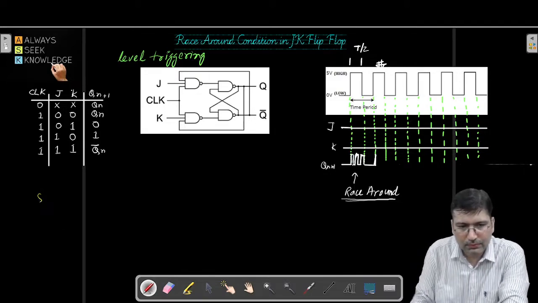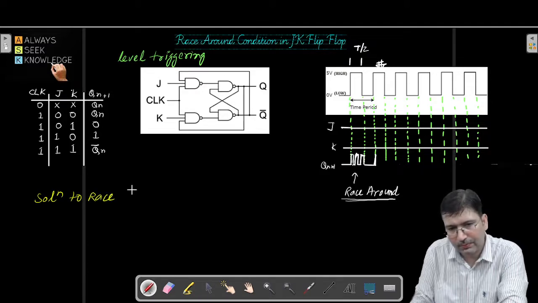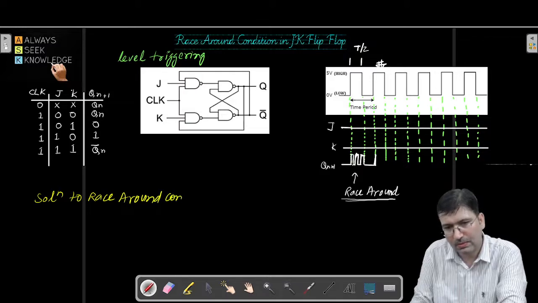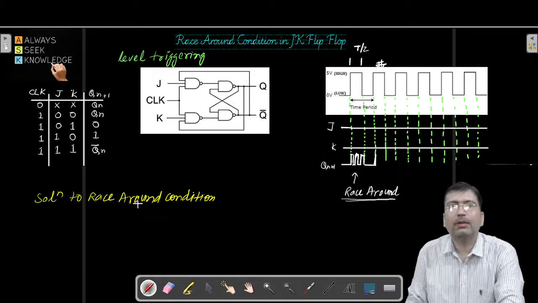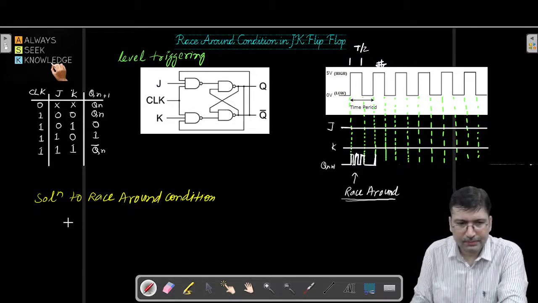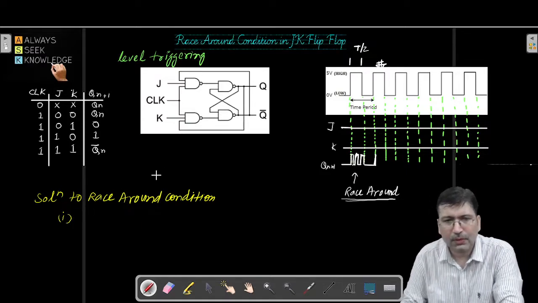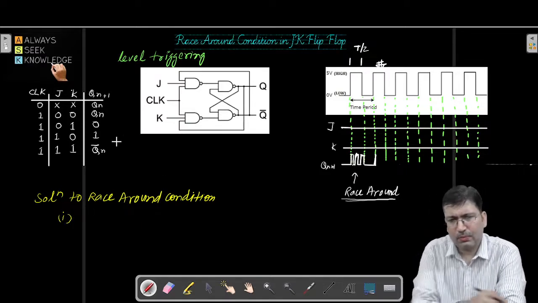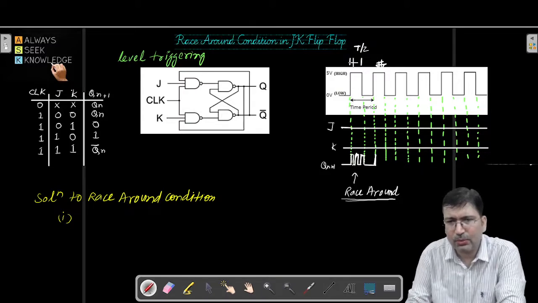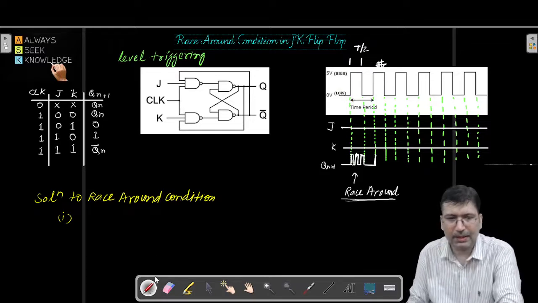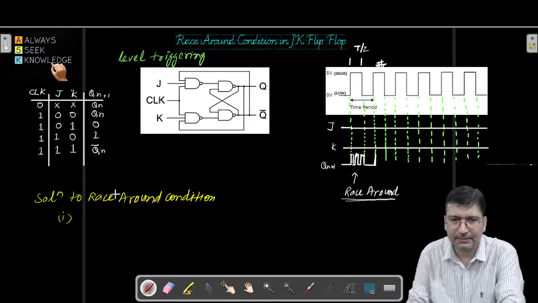So the solution to race around condition. What is the solution to the race around condition? The very first situation is that we consider this T by 2 time to be less than the propagation delay of these gates.